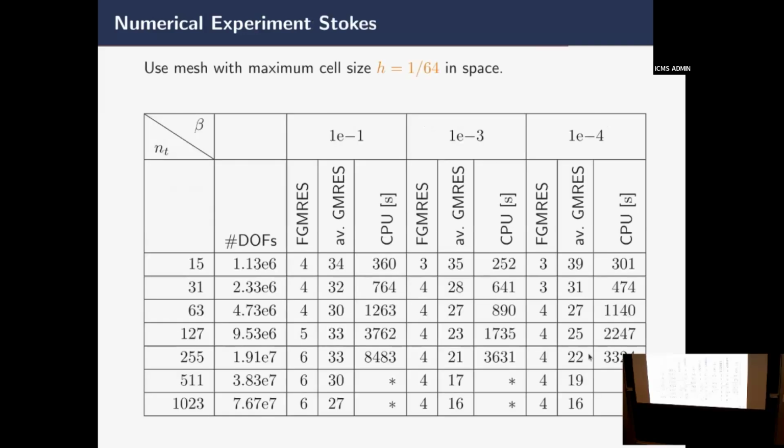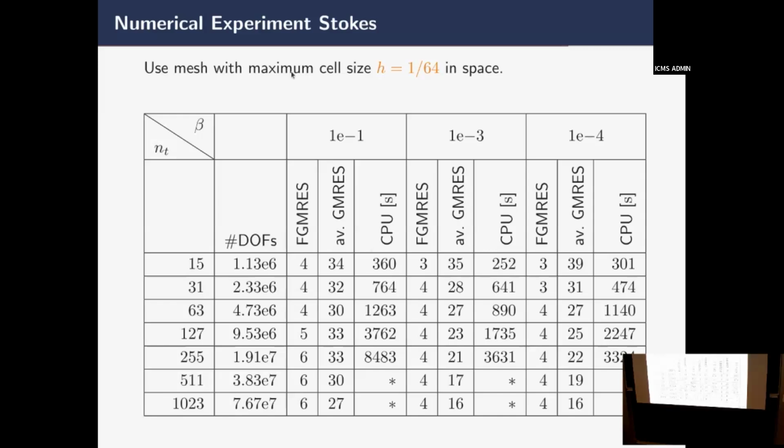So the first table is for the numerical experiments with the Stokes problem. Here we use a 2D mesh with a maximum cell size of 1/64. The spatial problem has approximately 60 to 70,000 degrees of freedom, somewhere in that order.